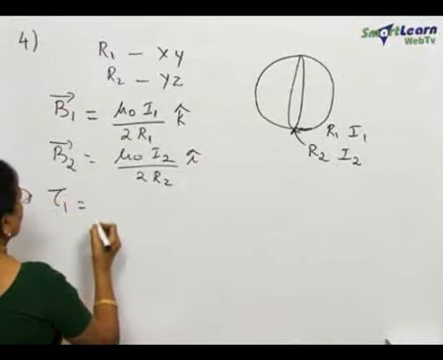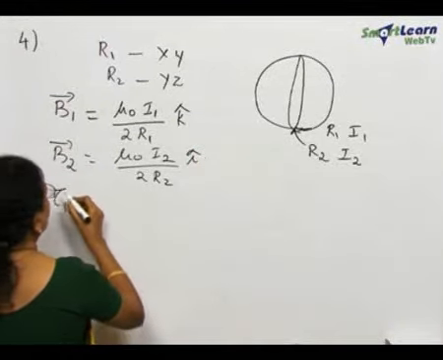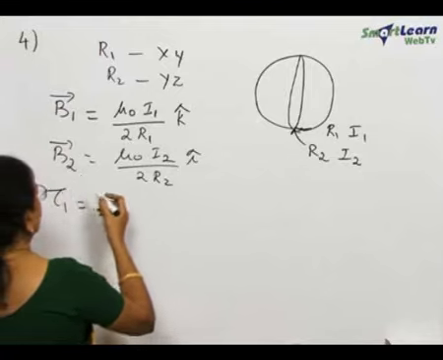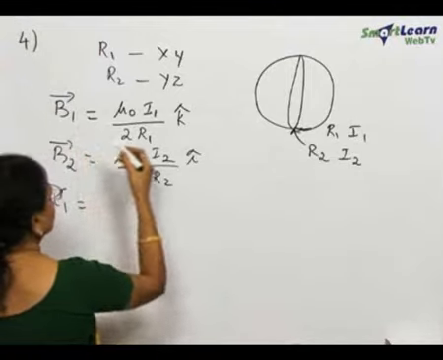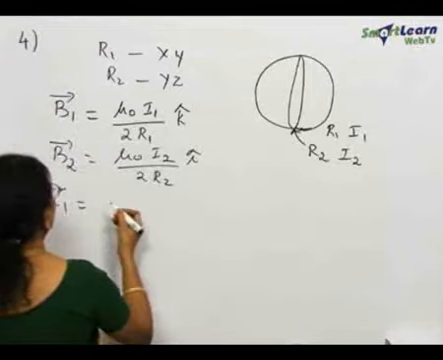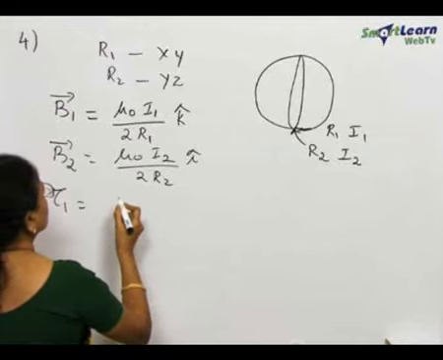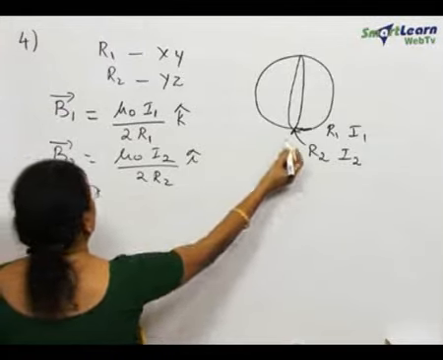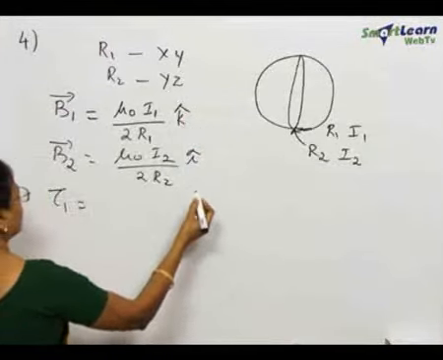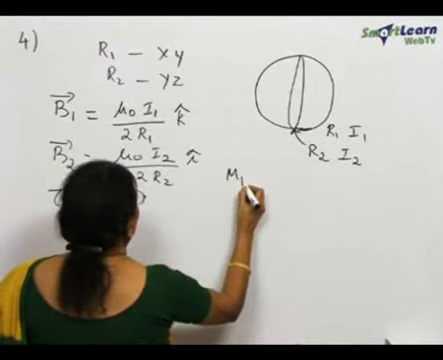Tau 1 equals the torque due to the first on the second ring. So, it is the magnetic moment of the two rings. Let us calculate M1 and M2.